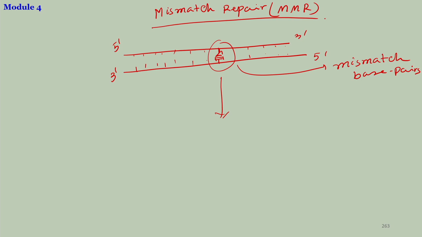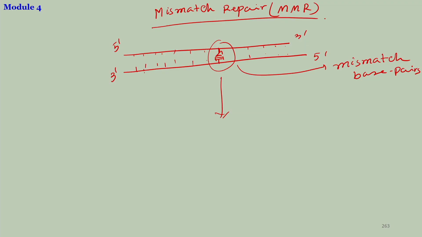This is sometimes to protect the DNA so that it cannot be recognized by the enemies. So, the methylated sites are the recognition sites in mismatch repair. Let us say there is a DNA methylation on this base here, and another over here.